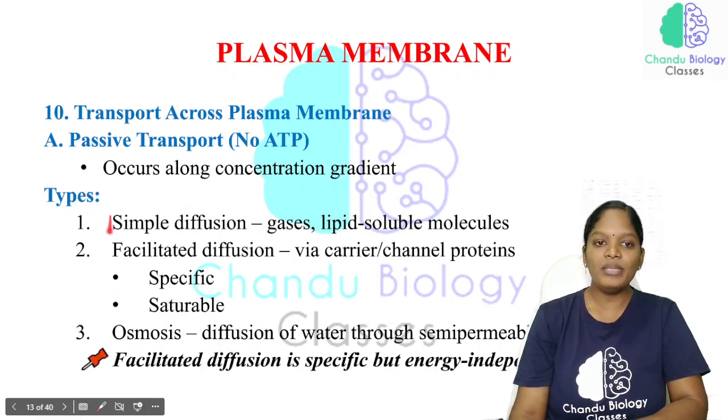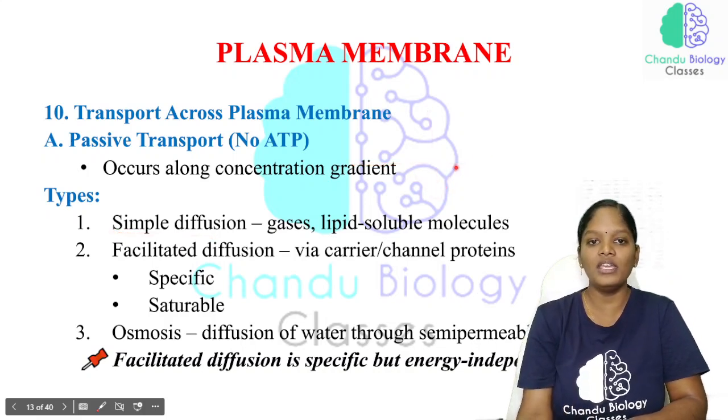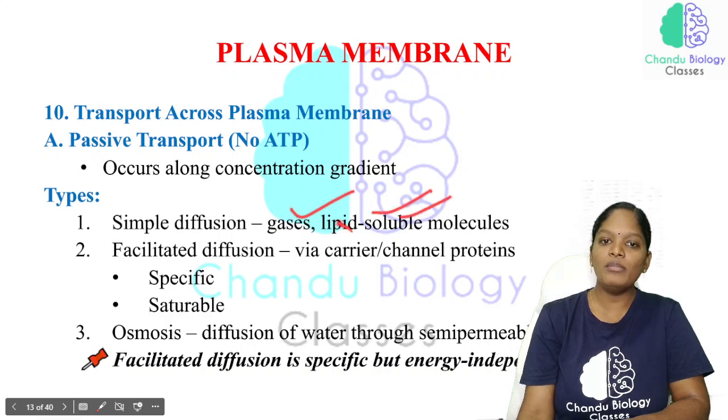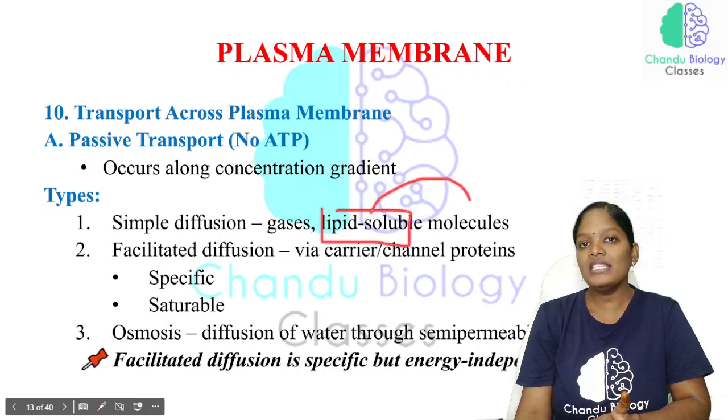The first one is simple diffusion. It simply crosses the membrane because it is very small in size, like gases. So gases, lipid soluble molecules. Very important here: if a molecule is made up of protein, it cannot easily pass through the membrane. If the molecule is made up of lipid, it can easily cross the membrane.